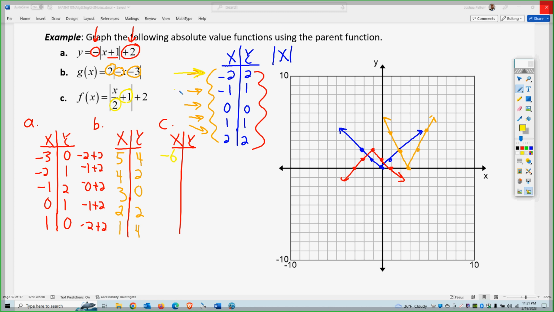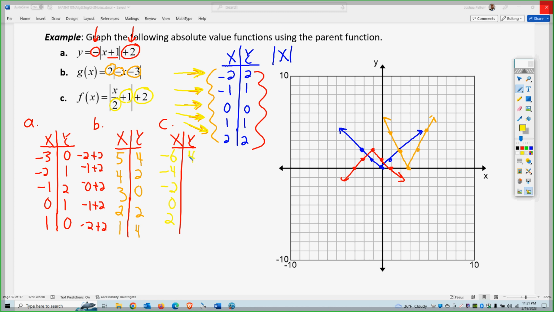The next one, -2 times 2 is -4. The next one, -1 times 2 is -2. The next one, 0 times 2 is 0. The last one, 1 times 2 is 2. All I have to do to the y value is add 2.